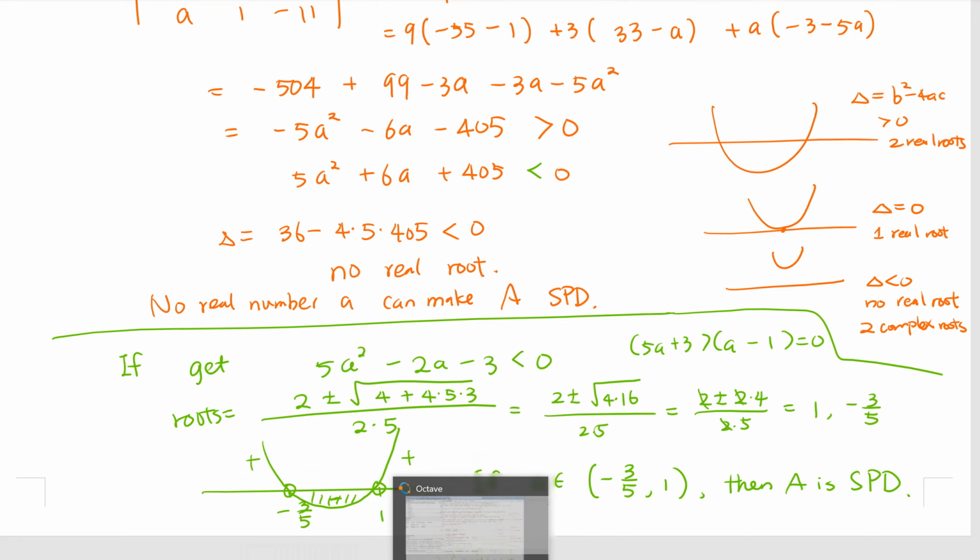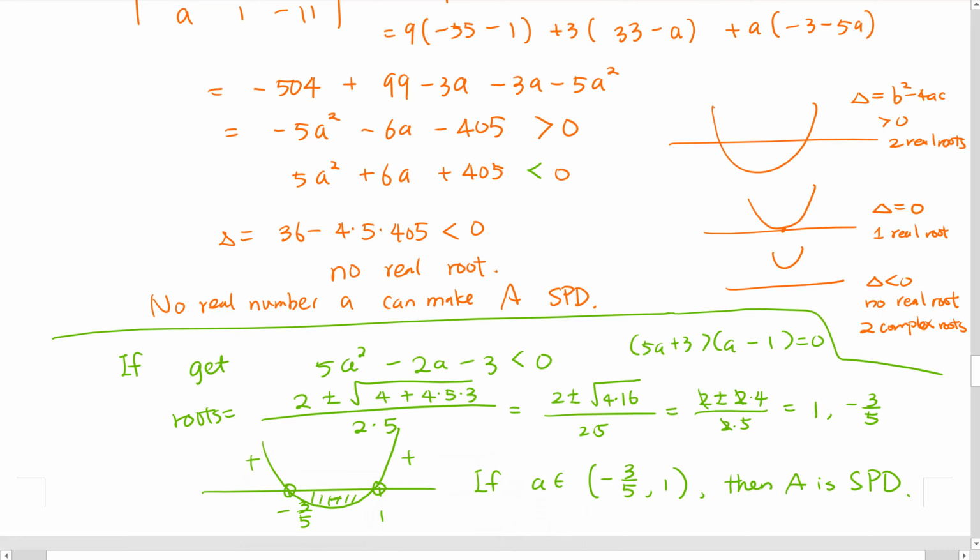Okay, so this is what happens if the quadratic equation has roots. Because in our example there are no roots, but I also want to show you what happens if we get some roots. Then we actually get some interval of a. So far so good, everybody? It is also possible that we have one real root.